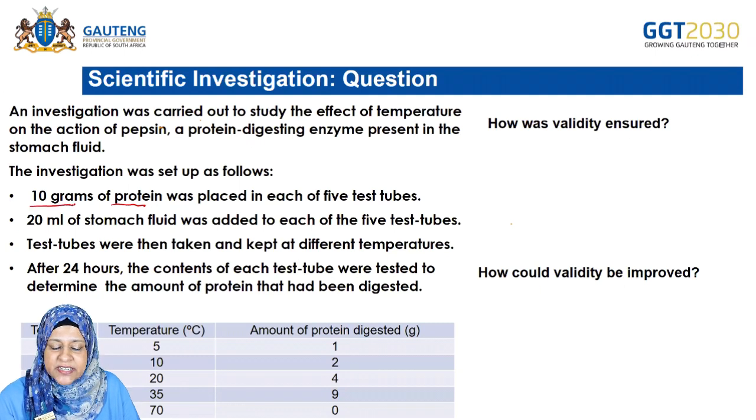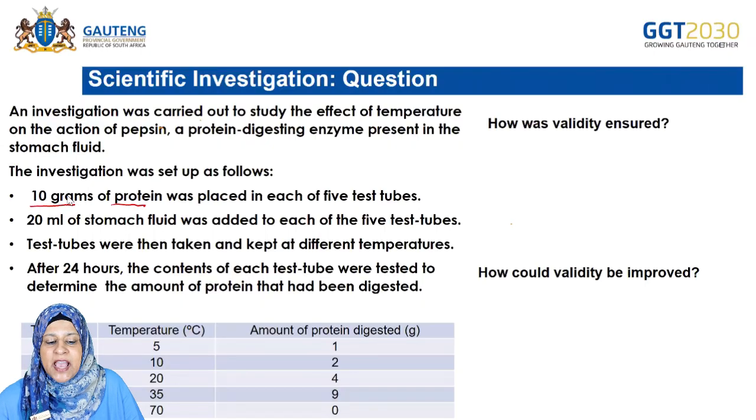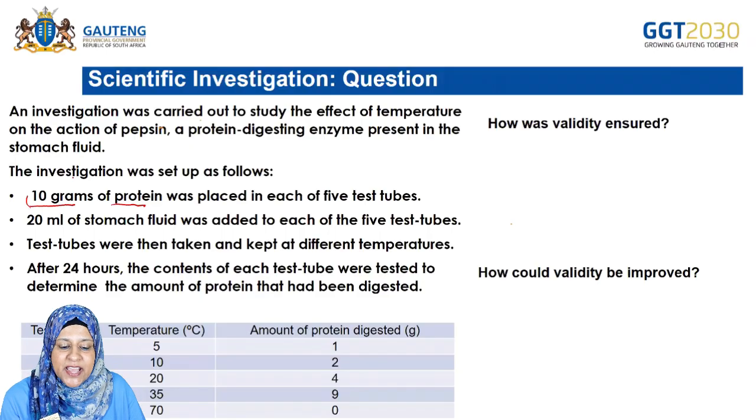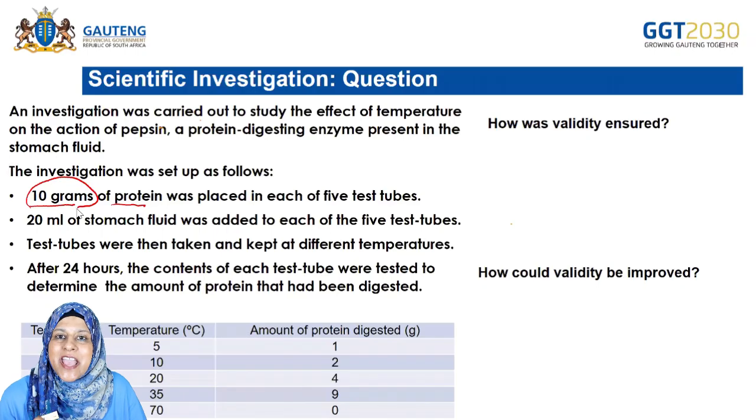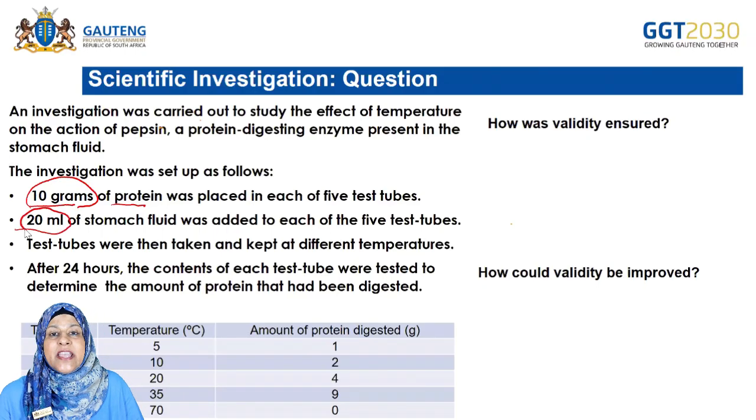And 10 grams of protein was placed in each of the 5 test tubes. I didn't place 10 grams in one, 5 grams in one, 2 grams in one of the test tubes. I placed 10 grams in each of the test tubes. I placed the same amount of stomach fluid, 20 mils, in each of the test tubes. That's how I was trying to maintain validity, okay?